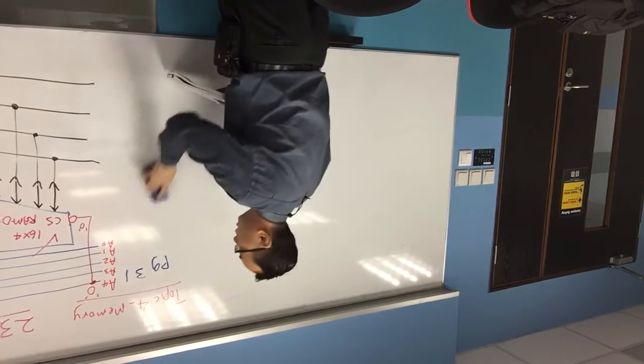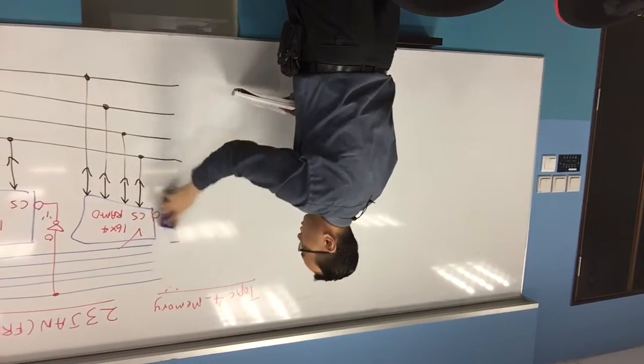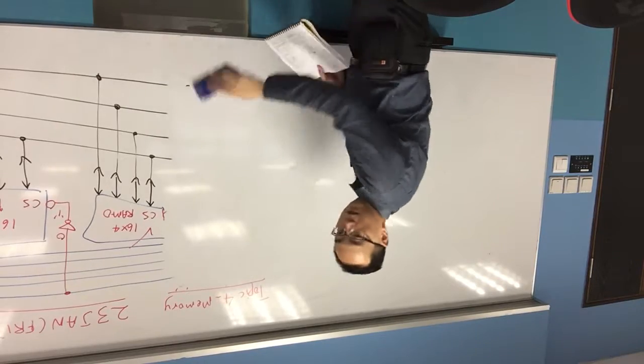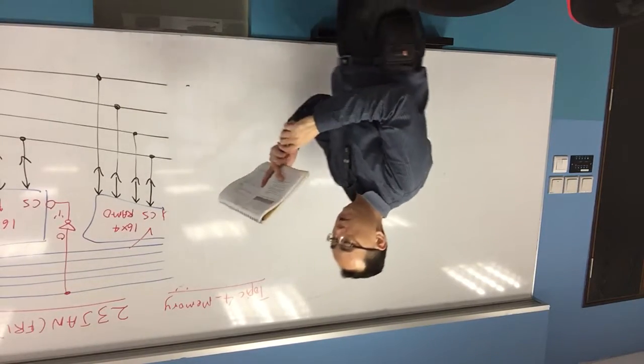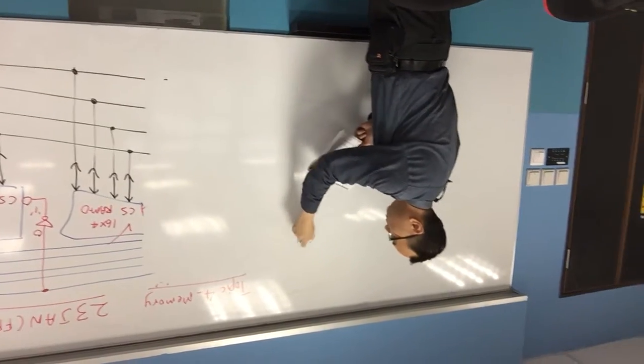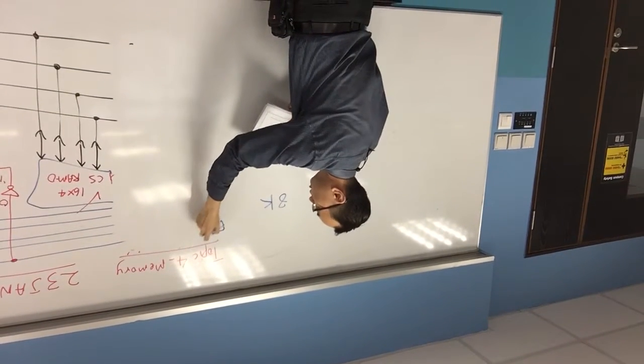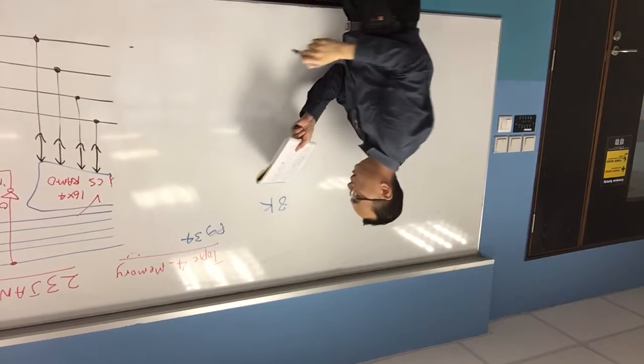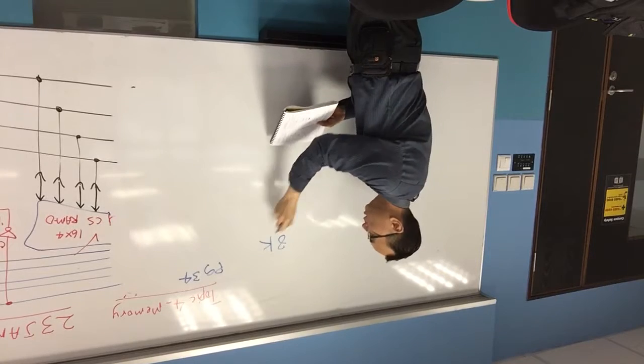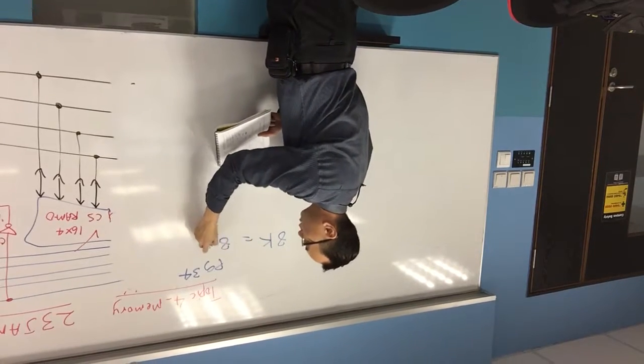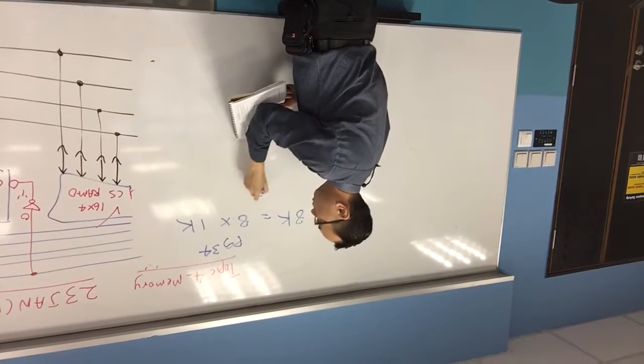I'm looking at page 34 of your lecture notes. I'm just going to erase half here. In order to do that, 8K memory is equivalent to 8 times 1K, right? What is 1K?